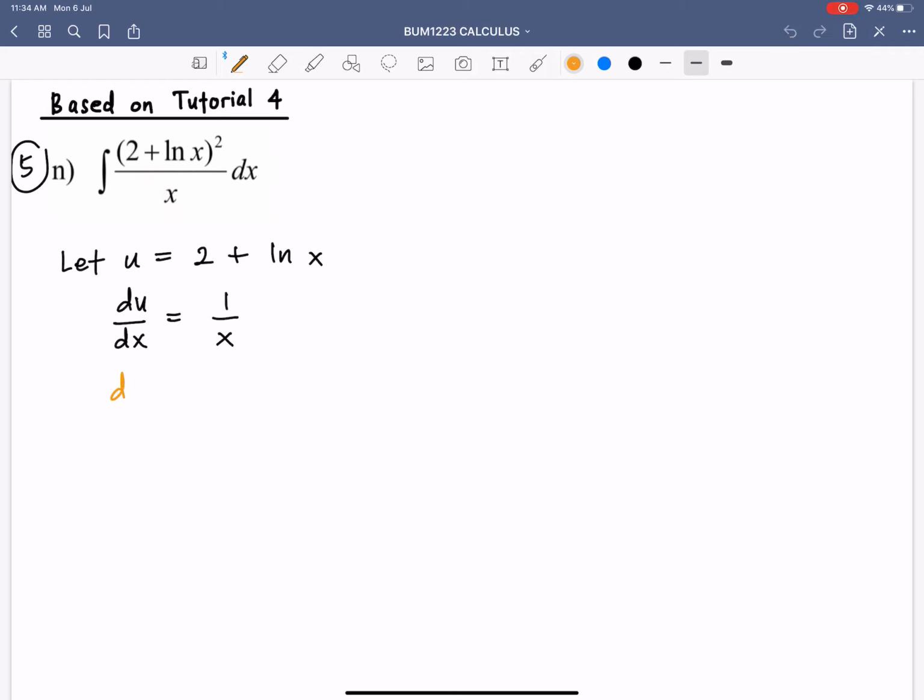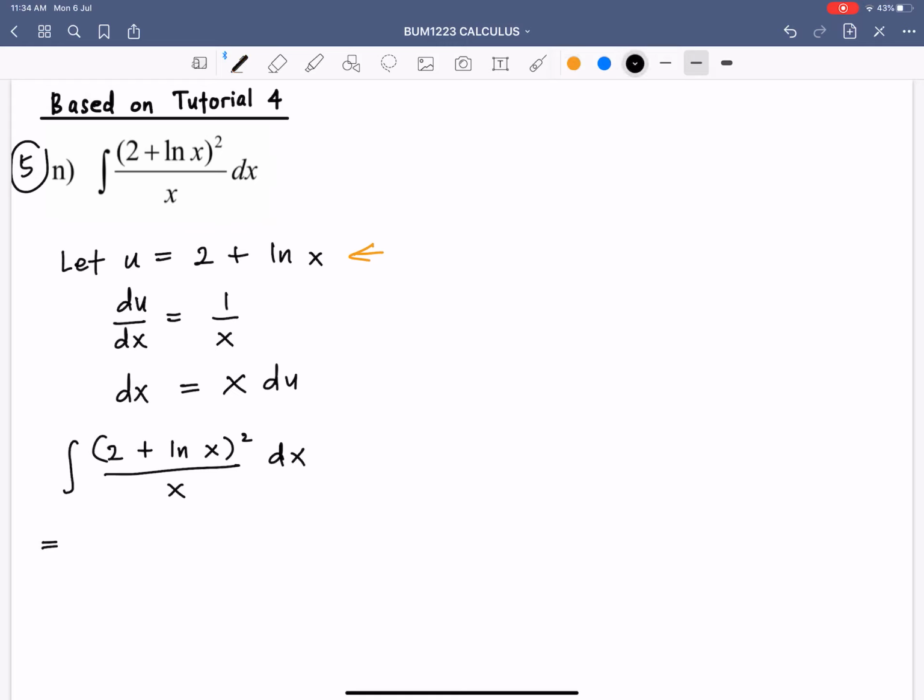So dx is equal to x times du. So the integration of (2 plus ln x) squared over x dx is equal to, just now we know that u is equal to 2 plus ln x.